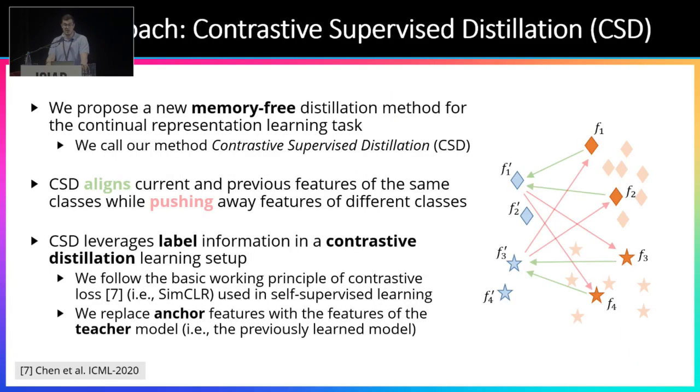So we propose a new memory-free distillation method for the continual representation learning task, in which we mitigate the feature forgetting while learning discriminative features. We call our method Contrastive Supervised Distillation. CSD aligns current and previous features of the same classes while at the same time pushing away features of different classes. In particular, we follow the basic working principle of contrastive losses used in self-supervised learning.